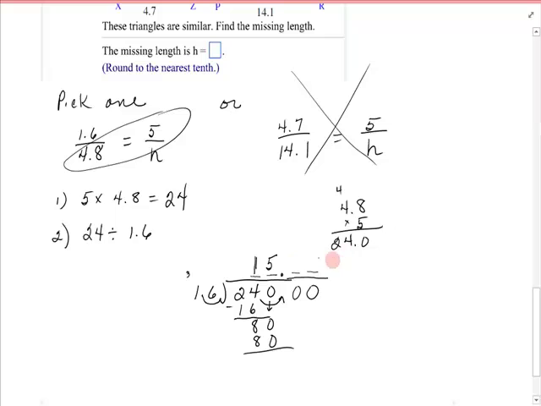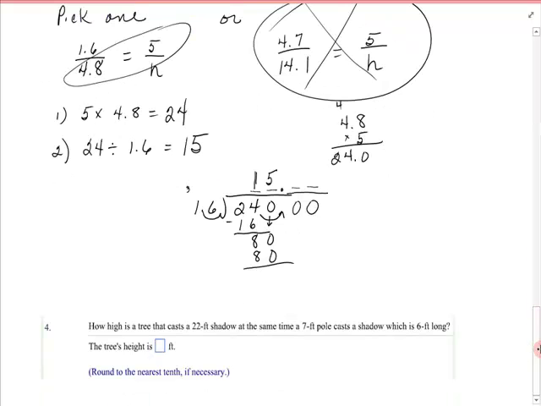I don't have to worry about what's going on over here because it has terminated, and that's my decimal. So this is 15. If you wanted to, you could use this information right here, solve this proportion, and you will also get 15. Okay, so this one had extra information.